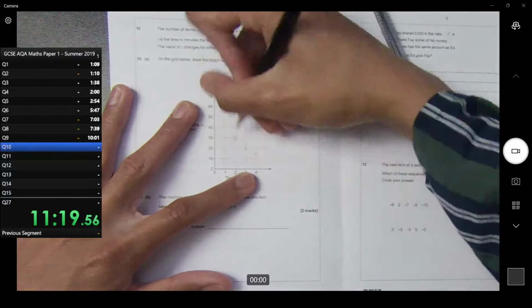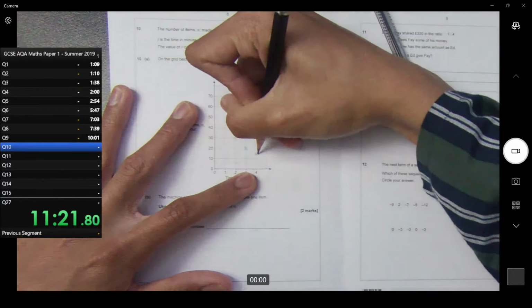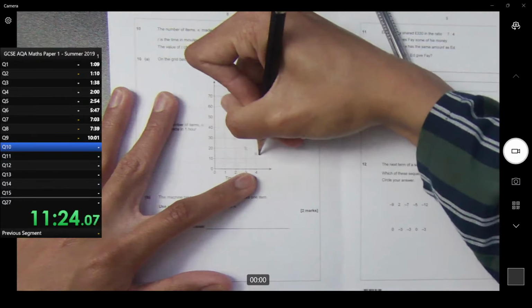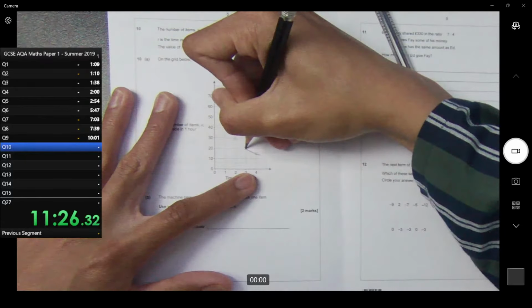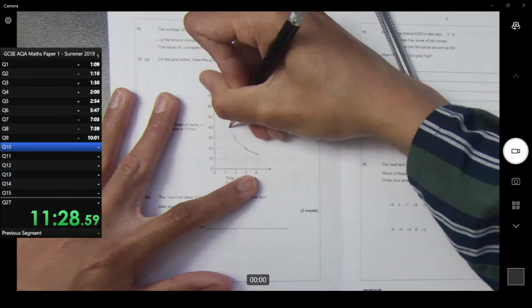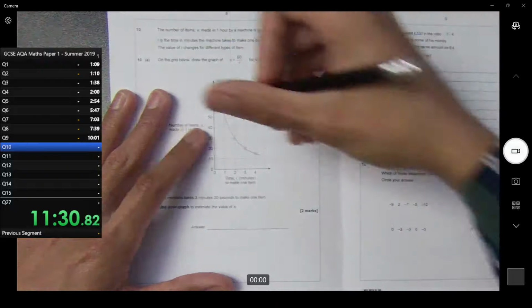Then what we'll do is draw a little curve of best fit, like this. Something like this.